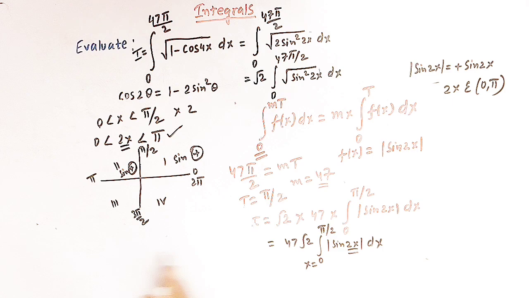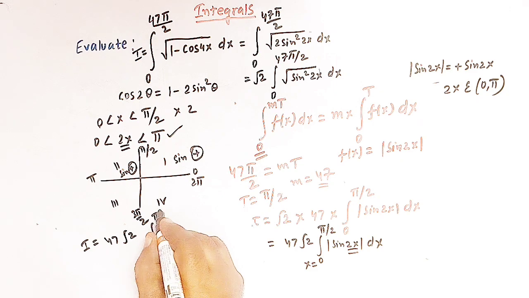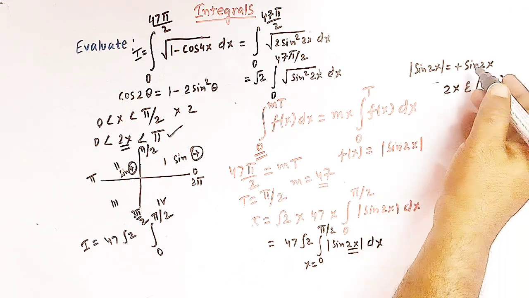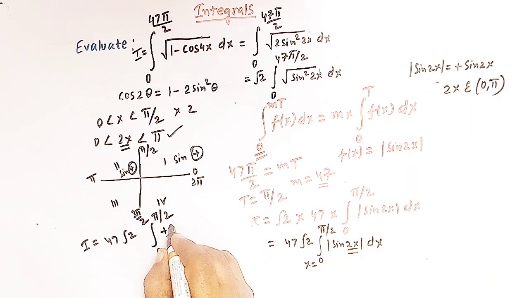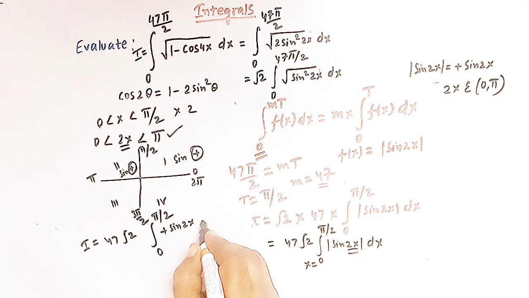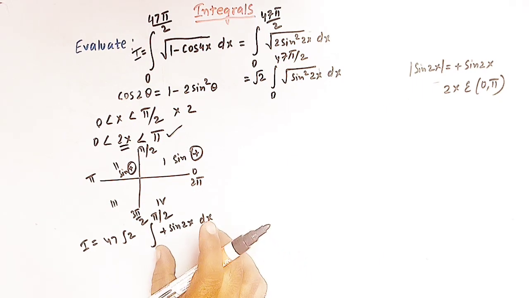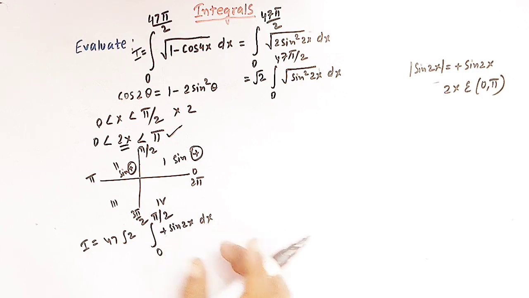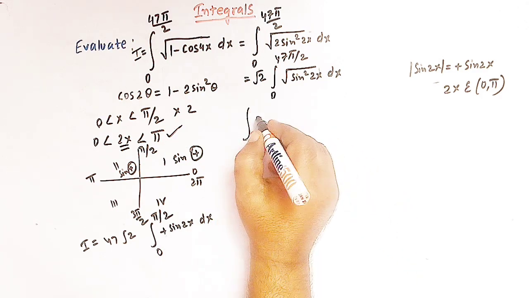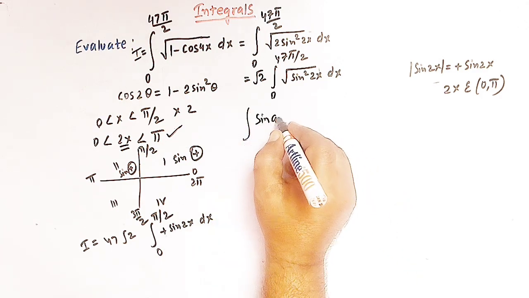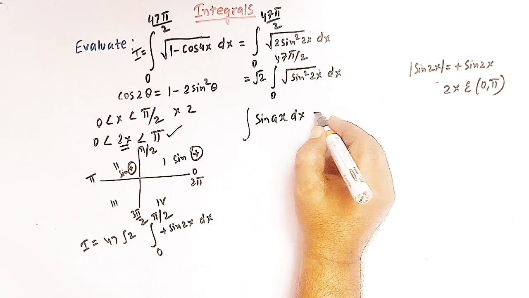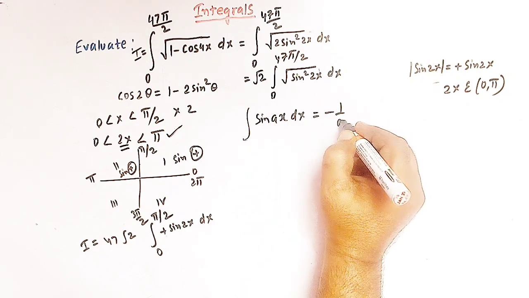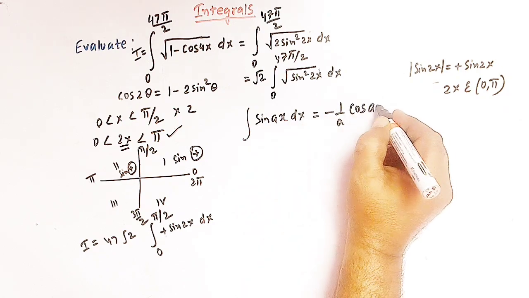Now this integral I takes the form 47 root 2, integral from 0 to pi by 2, and mod of sine 2x is given by positive sine 2x dx. So now we have an easy integral here, and we know that the integral of sine ax dx is given by minus 1 over a cos of ax.